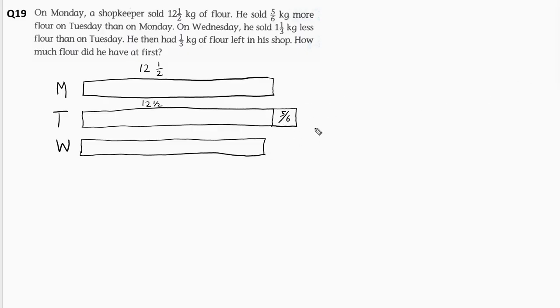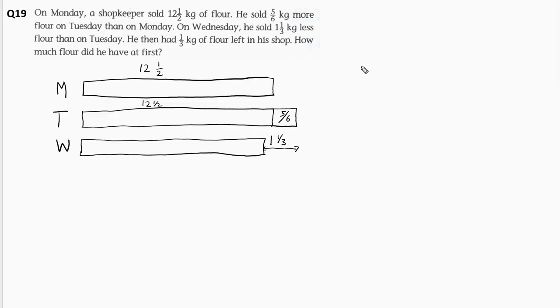Well, I've been given this information here that the difference between Wednesday and Tuesday is 1 1/3. And this section is a smaller block. It deliberately doesn't go as far as these. This part is not the same as these two parts. These two parts are the same.